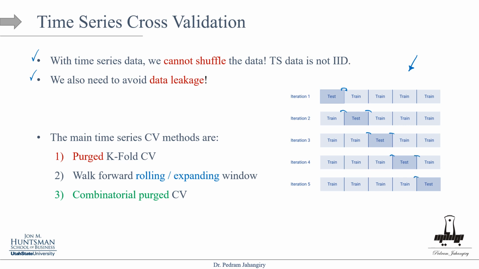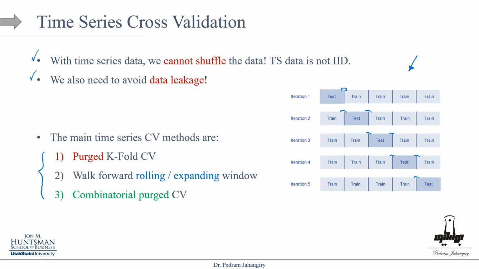So based on these requirements, we're going to deal with different cross-validation methods for time series, but the three most commonly used ones, or the ones that work in practice, are these. The first one is Purged K-fold cross-validation. The second one, which most probably you have seen before, is Walk-forward rolling or expanding windows cross-validation.